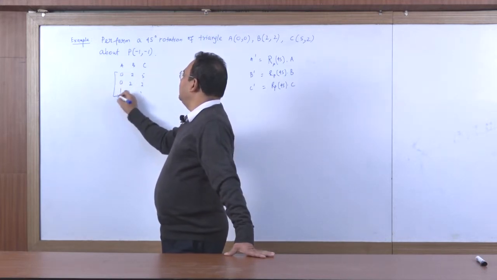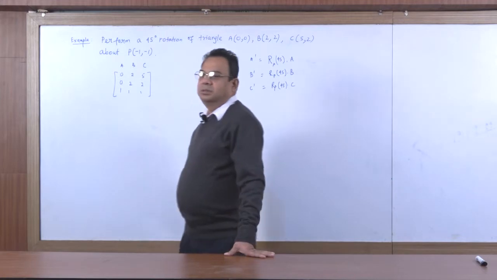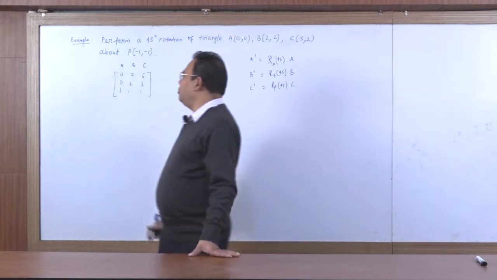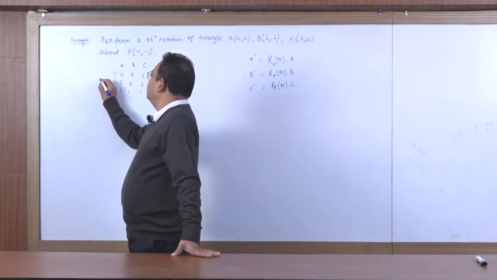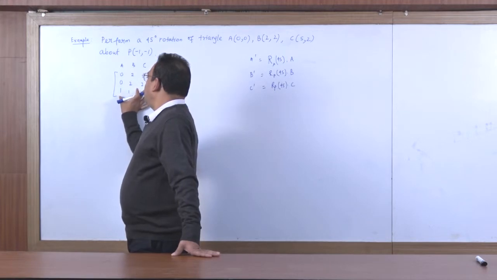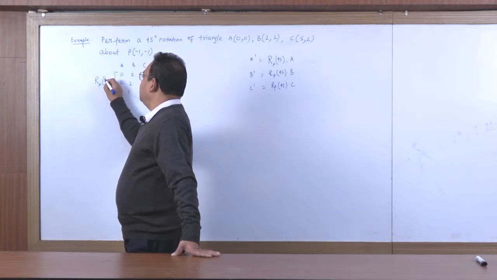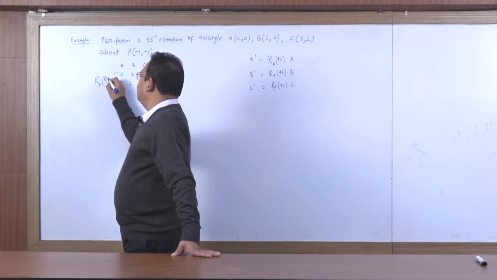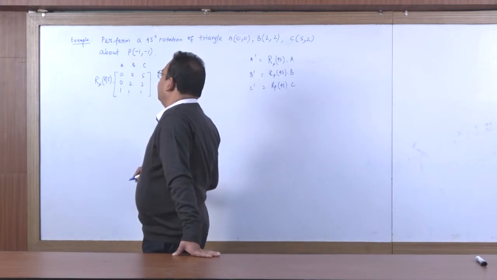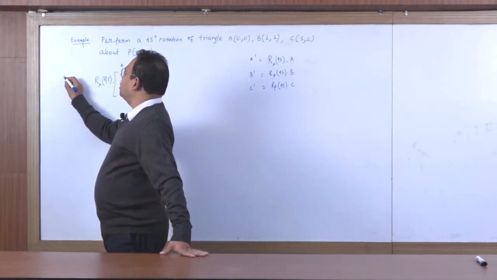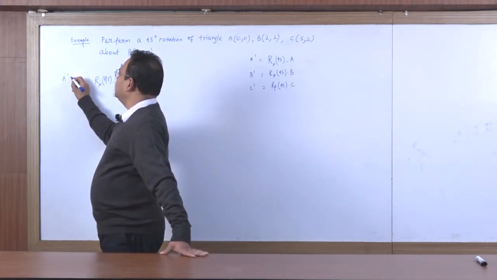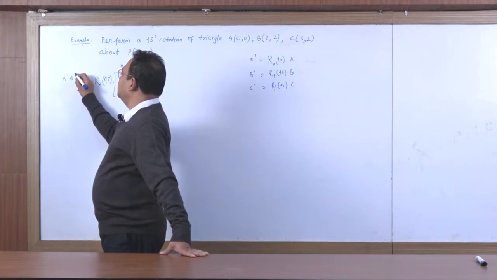So this is the object matrix, and this is operated on by the rotation operator with respect to P through an angle 45. We will get the corresponding transformed points A dashed, B dashed, C dashed. We will get that matrix.